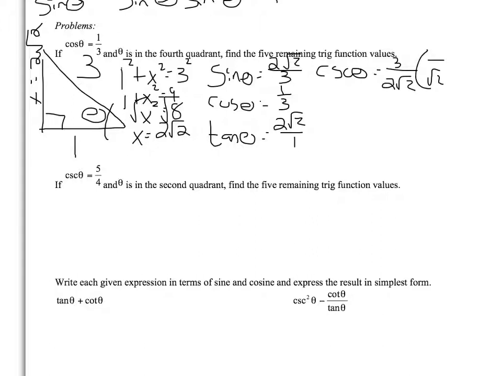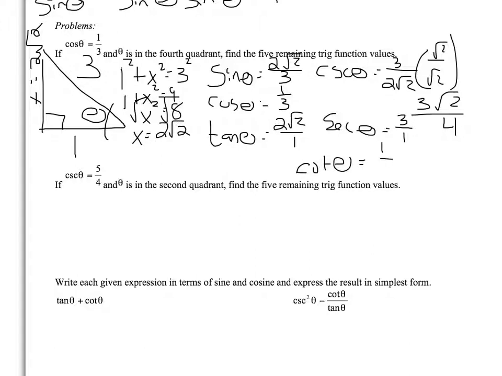And we do know we need to rationalize by multiplying by radical 2, so we'll have 3 radical 2 over 4. Secant theta is going to be flip the cos fraction, 3 over 1. Cotangent theta is going to be 1 over 2 radical 2, rationalized by multiplying by radical 2, which will give you radical 2 over 4.